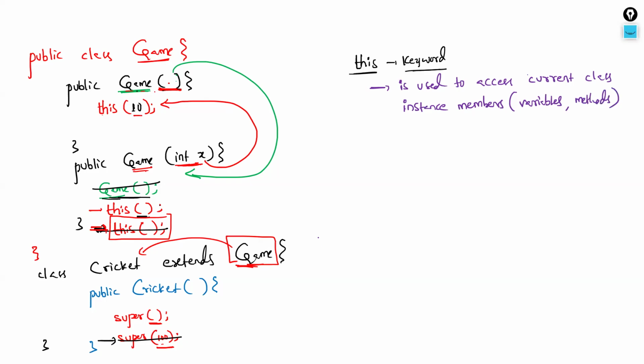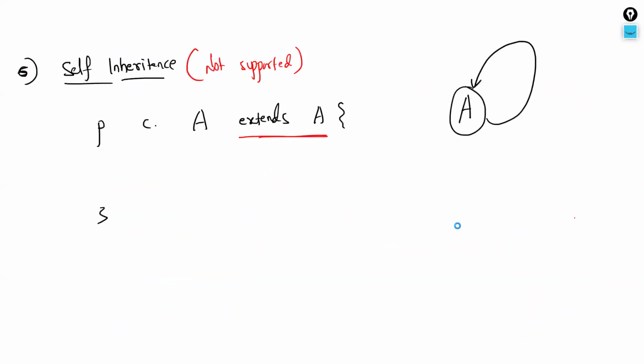Where is it allowed to write? Where can we use this keyword? This keyword is allowed to write inside a method. If you take one class, print this dot x multiple times.